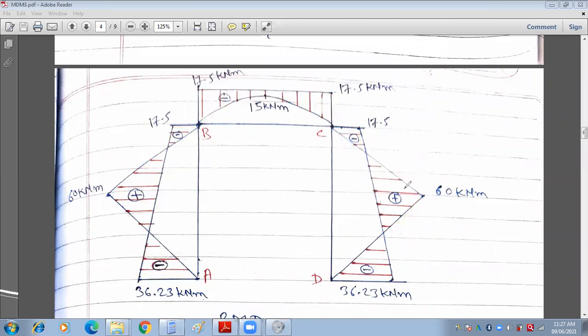Whatever the hatch portion, shaded portion is there, that is nothing but the actual bending moment diagram of your portal frame. And this portal frame is a symmetrical one and a non-sway type of symmetrical portal frame. And in such a way we can analyze this portal frame using moment distribution.